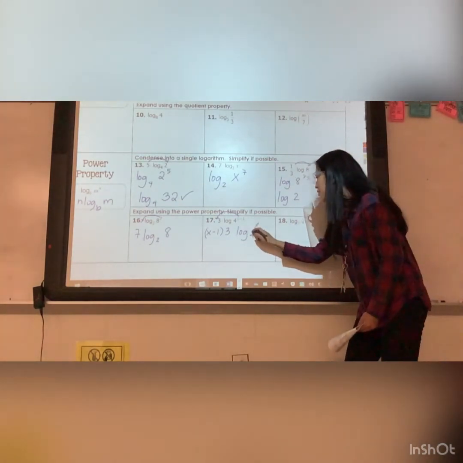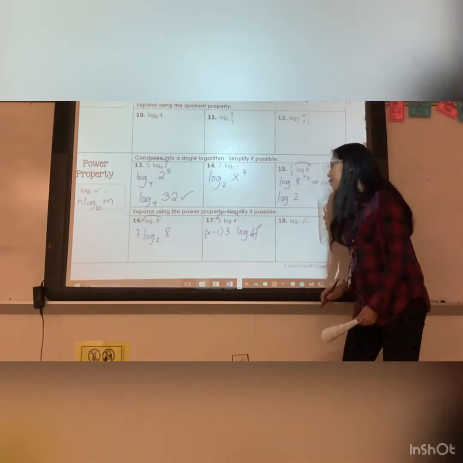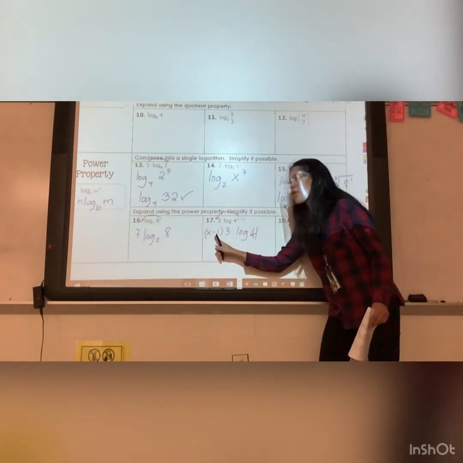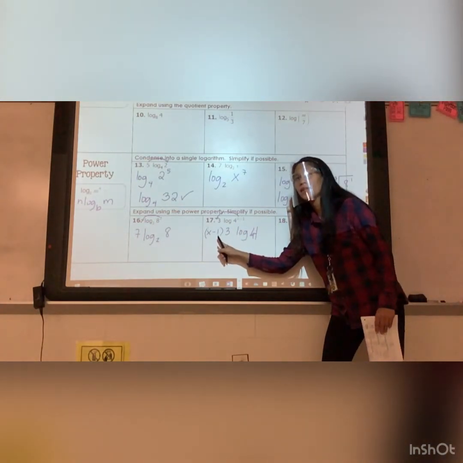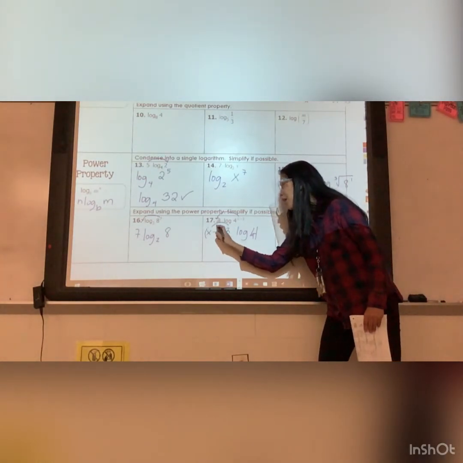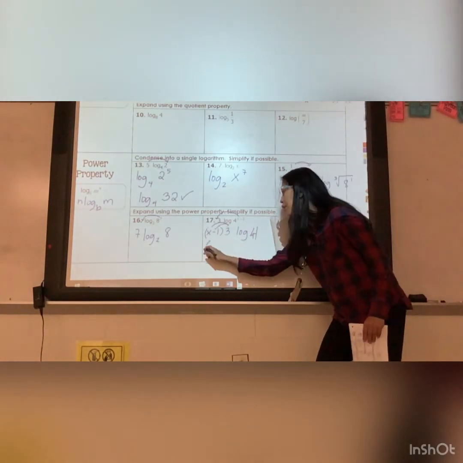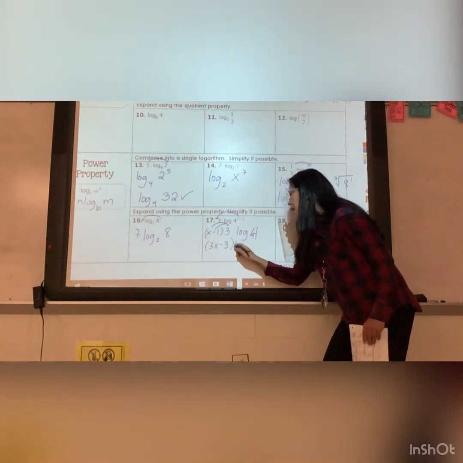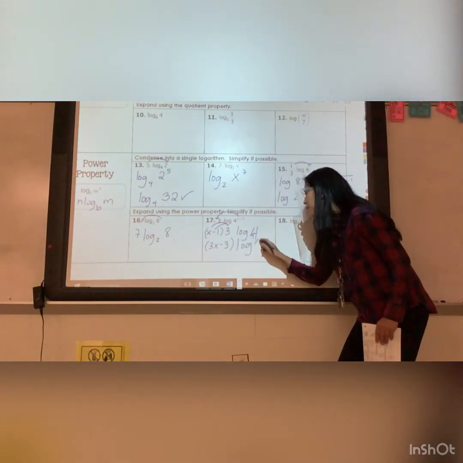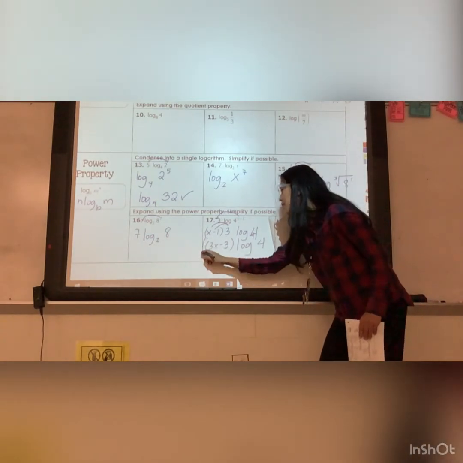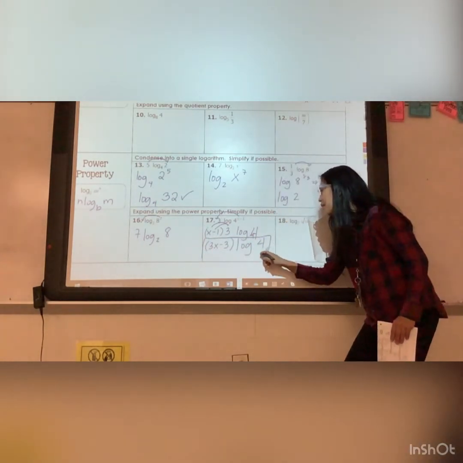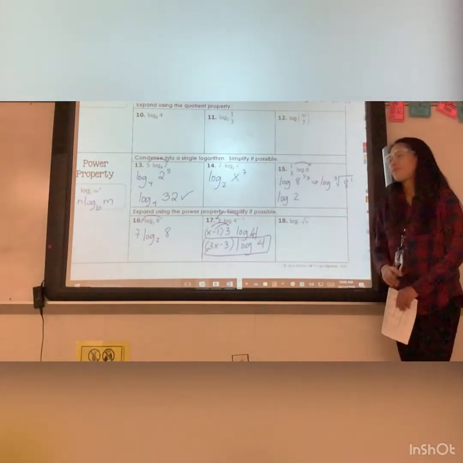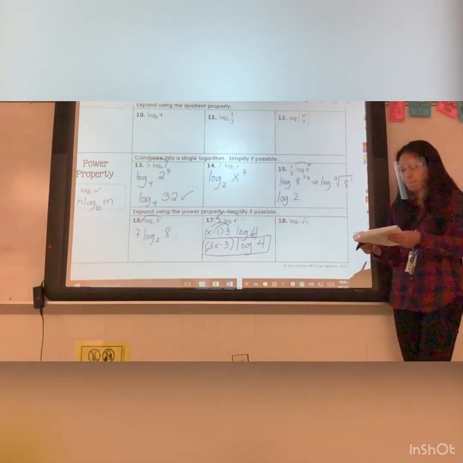I know, this is your 4, right? Yeah. Your base is 10. What are we going to do here if there is a parenthesis? Multiply. Yes, you have to distribute. So it's going to be 3x minus 3, and then you have your log of 4. So this is now your final answer.